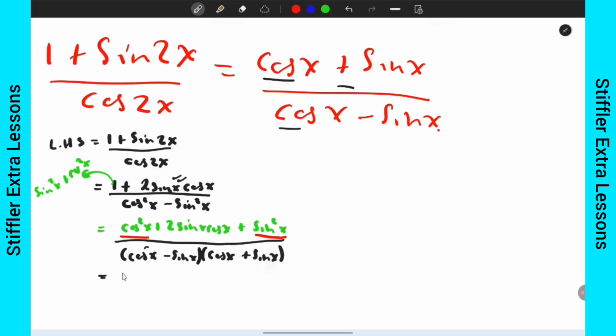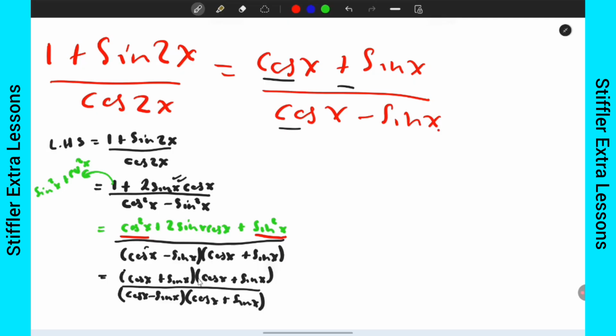So we can just factorize again. This will be cos x plus sine x, cos x plus sine x, over cos x minus sine x, and then cos x plus sine x.